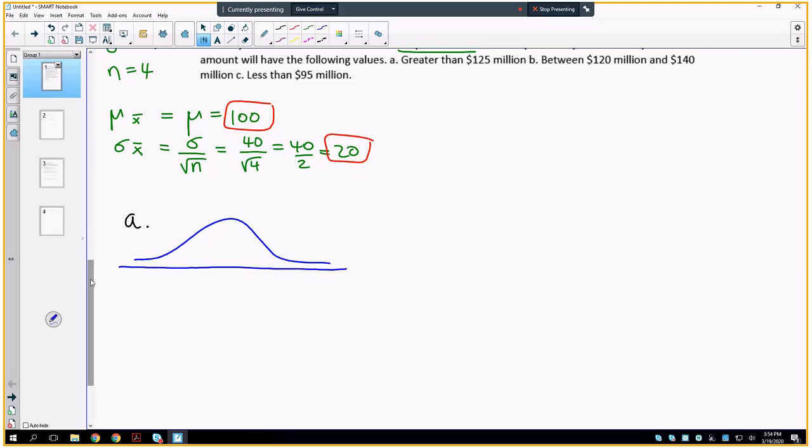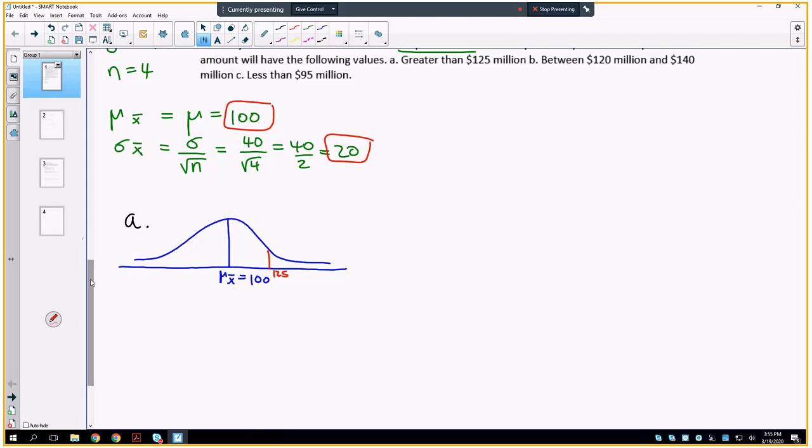We know that the mean of our sampling distribution, mu x bar, is 100. And the question has asked us to find the probability that we're going to get 125. So 125 is larger than 100, so we know that should be somewhere out here, 125 million.